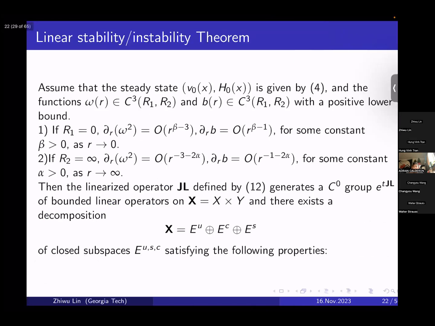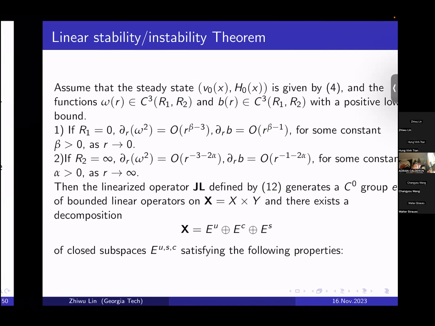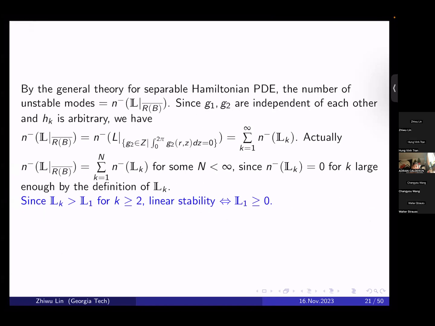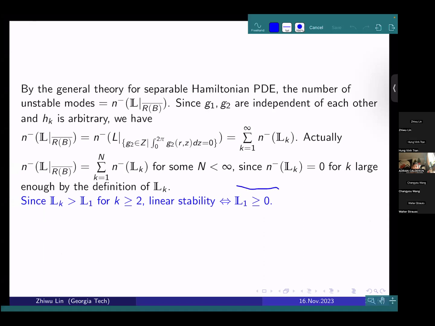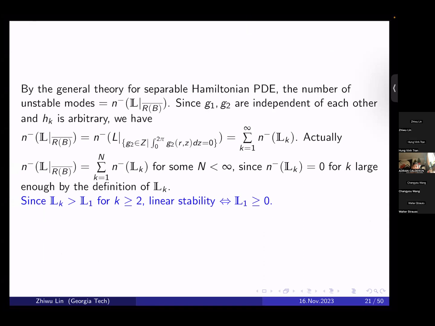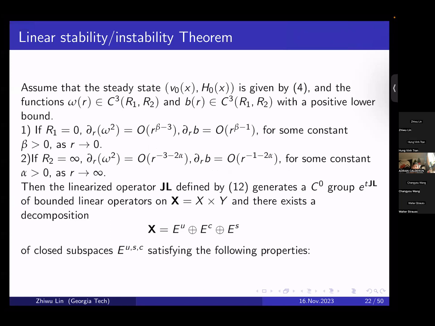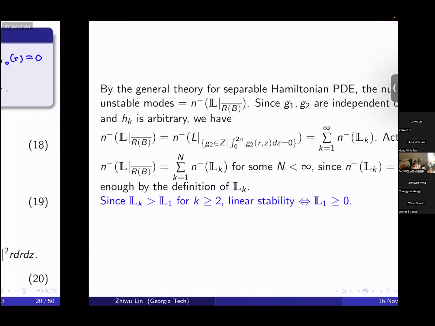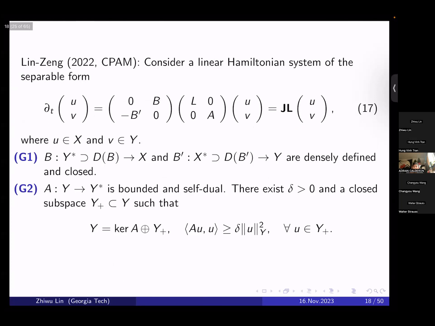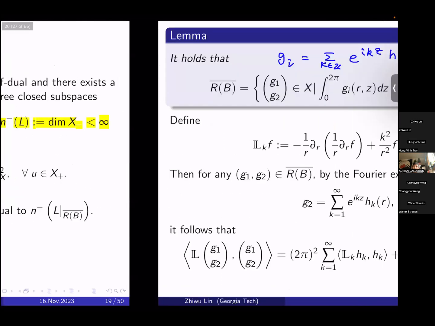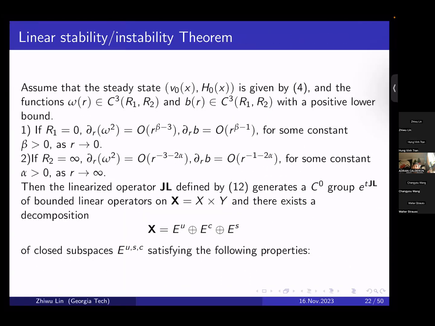Now let's try to get a more explicit criterion from this condition, L1 greater or equal to 0. But before doing that, let me also mention, if you have this kind of separable Hamiltonian system, we can actually get more than the number of unstable modes. It can also give you an invariant decomposition for your semigroup. This is very useful when you study the nonlinear problem.